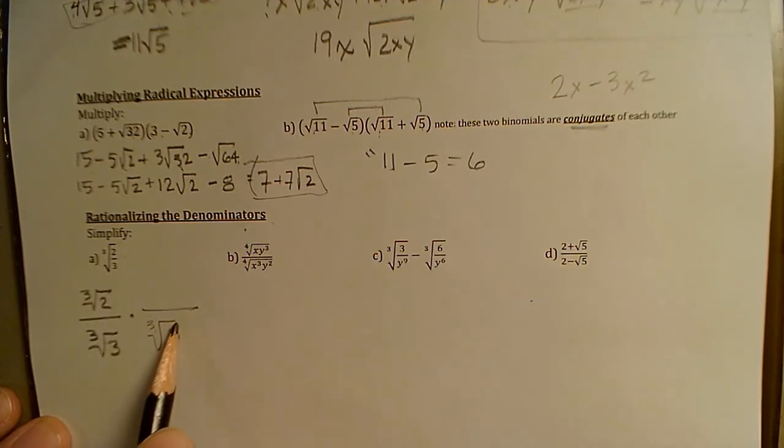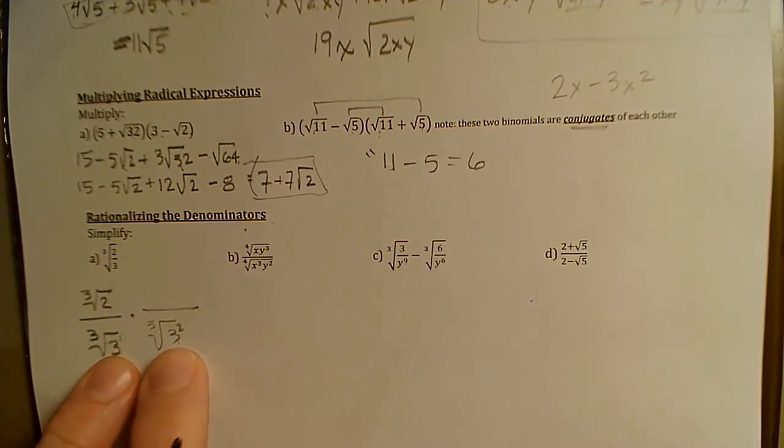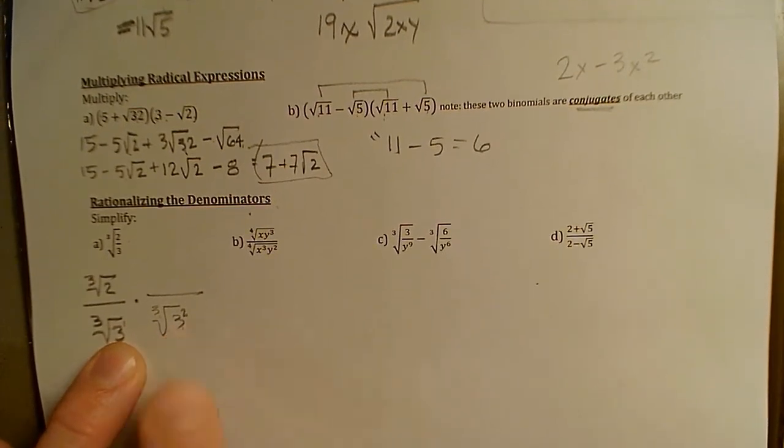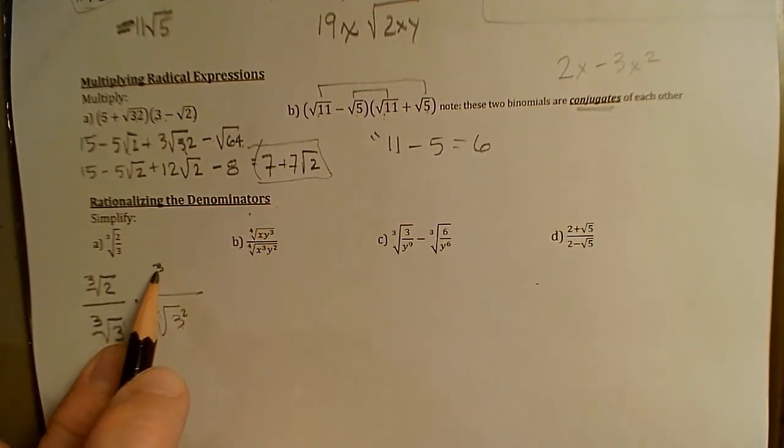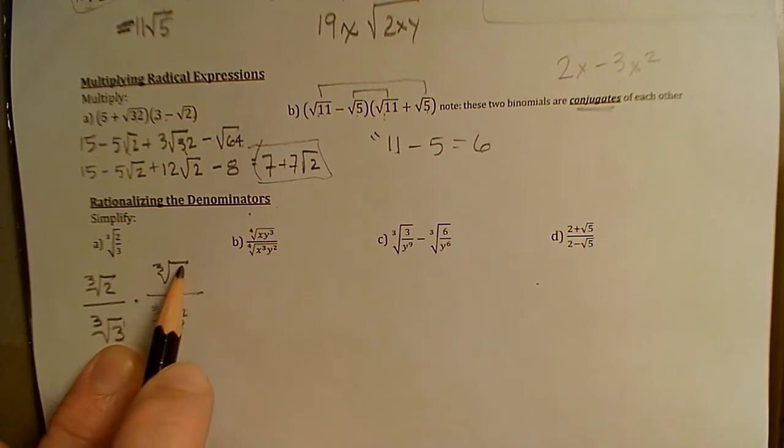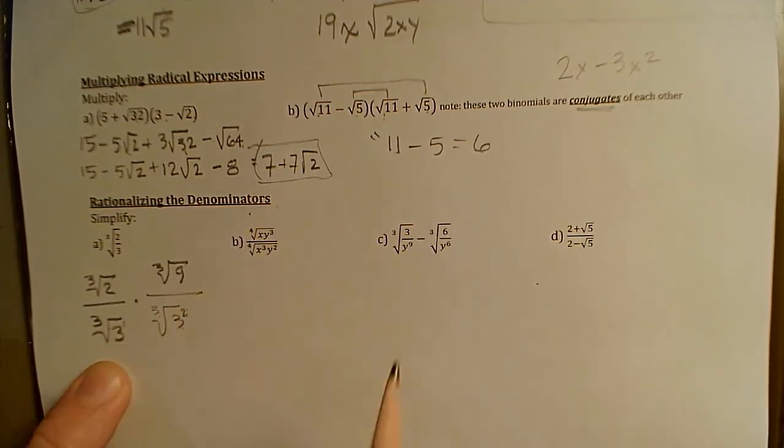What I need is 3 squared, because I have 1 3 times 2 more 3's multiplied together, and so that's 3 cubed, or 27. So that's really what we want to multiply by, the cube root of 3 squared, or 9. 3 times 9 is 27.